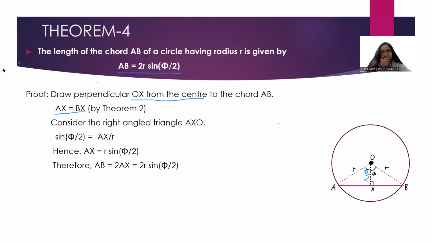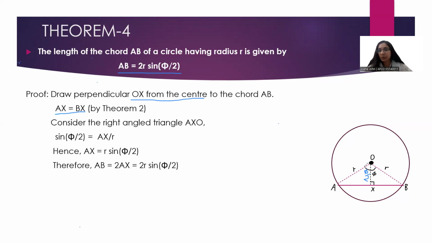Here I'm applying trigonometry. I hope you are familiar with the trigonometry concepts. I'm taking this angle and considering the sine of this angle, sine phi by 2. We know that sine is opposite by hypotenuse.